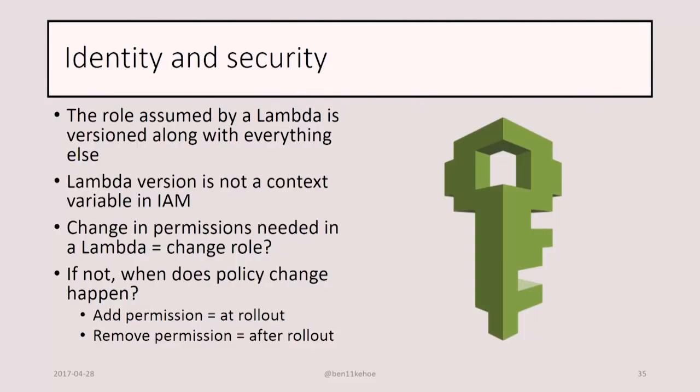So Lambdas are versioned, which is very helpful, and everything about a Lambda is versioned. And so the role that it uses is versioned along with everything else. But you can't actually key on that version in a policy. You can't say a policy applies to only one version of a Lambda.